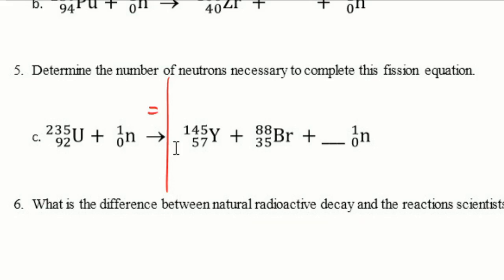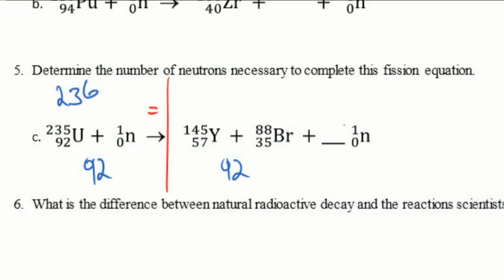And then I'm just going to do the math. On the top here I have 235 and 1 together gives me 236. And then on the bottom I have 92 and 0 is 92. 57 and 35 gives me 92, so that works out because I know I have 0 here.